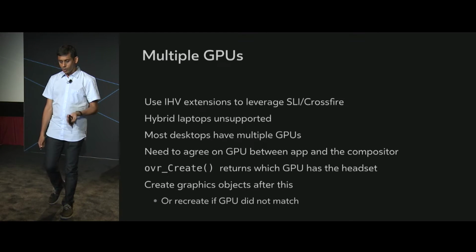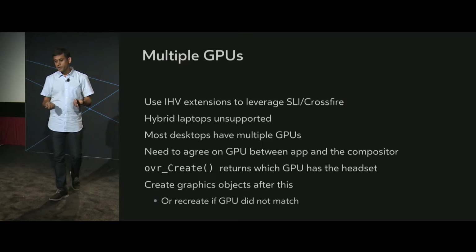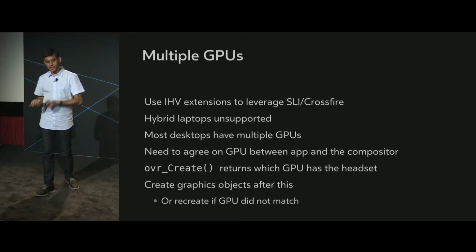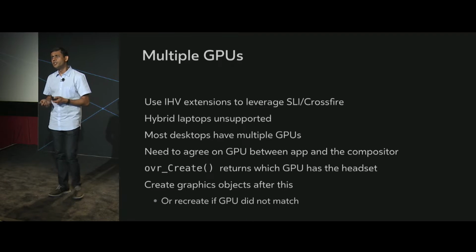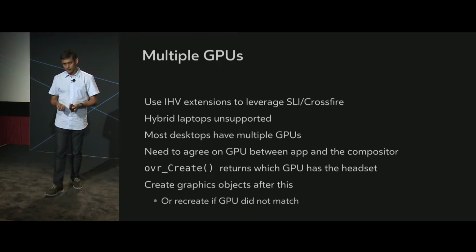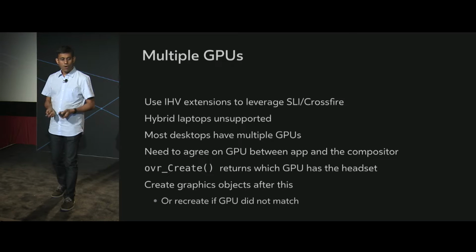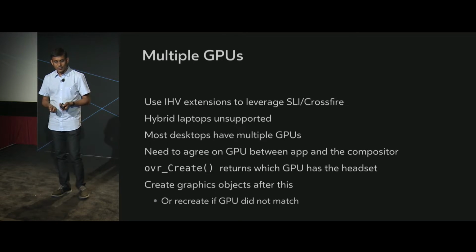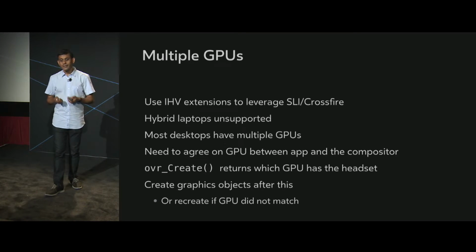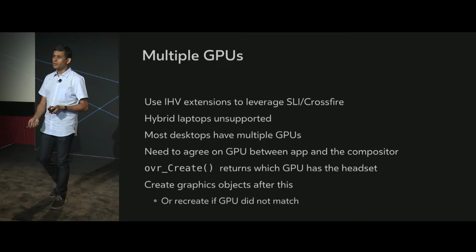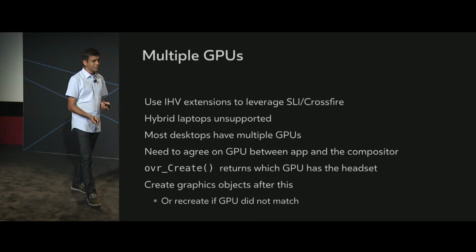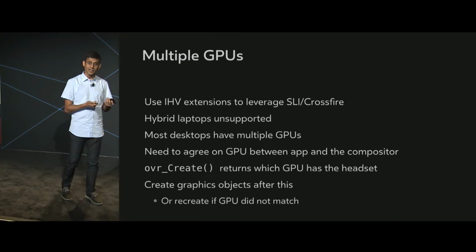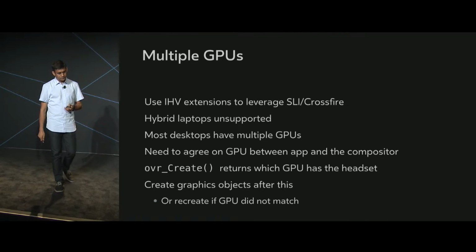This can be made to work along with other multi-GPU configurations, but on these machines, we need the compositor and the app to agree on which GPU we should use. To get this right, OVR create API, when you create the HMD, tells you which GPU the headset is connected to. And that is the GPU that the compositor will be using, and that is the GPU that the app has to use for this to work.